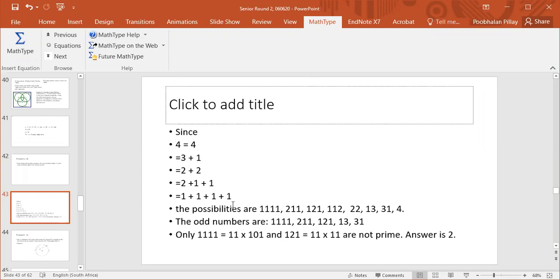You don't want a 0 in that number. Now, 2, 1, 1: there are 3 ways in which you can get 2, 1, 1. See, 211 is different from 121, which is different from 112. But in all those 3 cases, the digits are 2, 1, and 1.